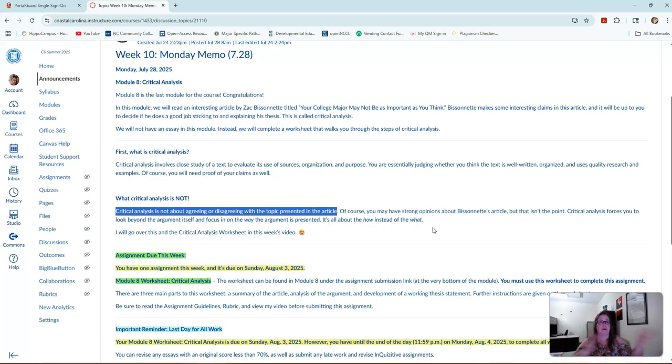So there are a wide range of things that you can come away with from this article, which is why I like it, even though it's older. And all of it can be correct if you support what you're saying with proof from the article. That's it. Okay, that's the whole point of critical analysis.